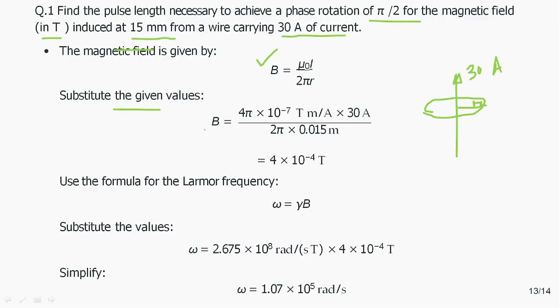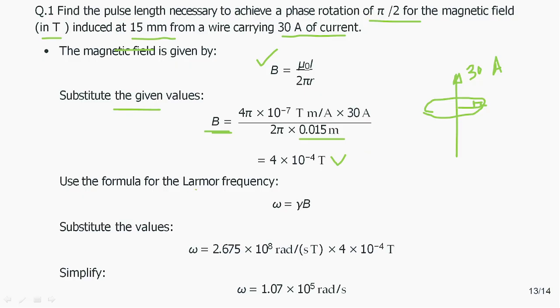Here B can be calculated because we know mu naught equals 4 pi into 10 to the power minus 7, current is 30 ampere, and the radius is 15 millimeter, or 0.015 meter. So this is the amount of magnetic field applied.